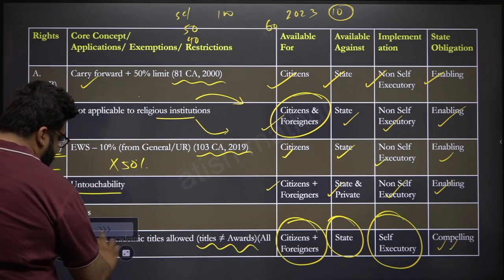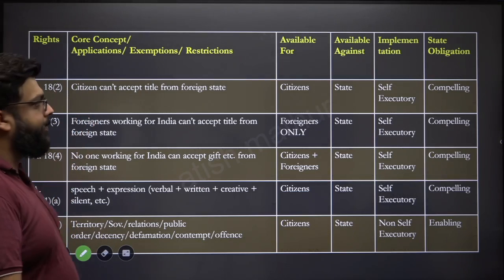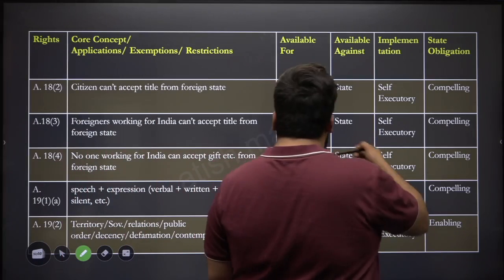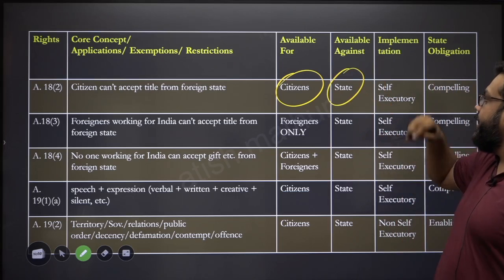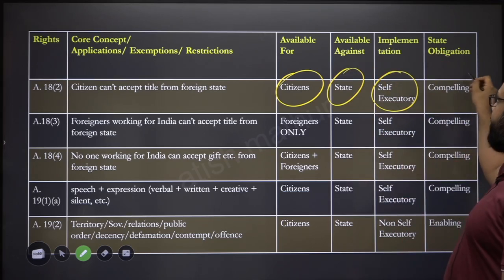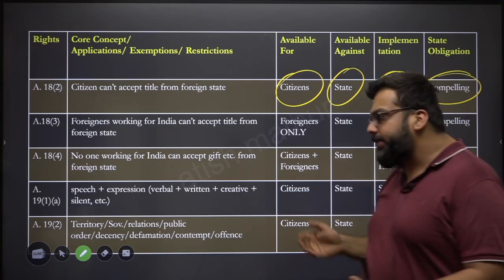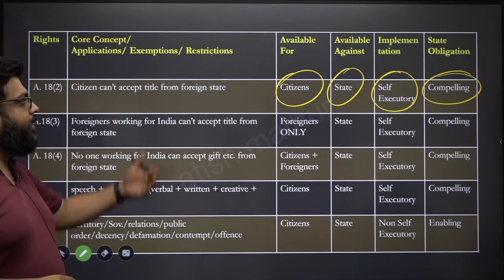Right now, apart from this, you've got a few more provisions for Article 18, which is 18.2, which says citizens can't accept a title from a foreign state. So obviously this is only and only for citizens. It's against the state, and it is self-executory, and it is compelling in nature, which basically means that this is self-sufficient, you do not need any additional law.